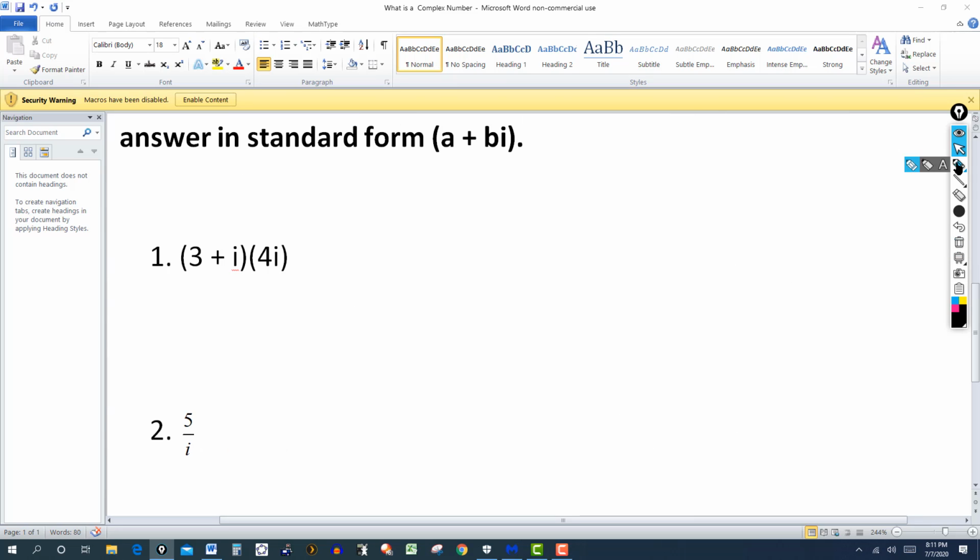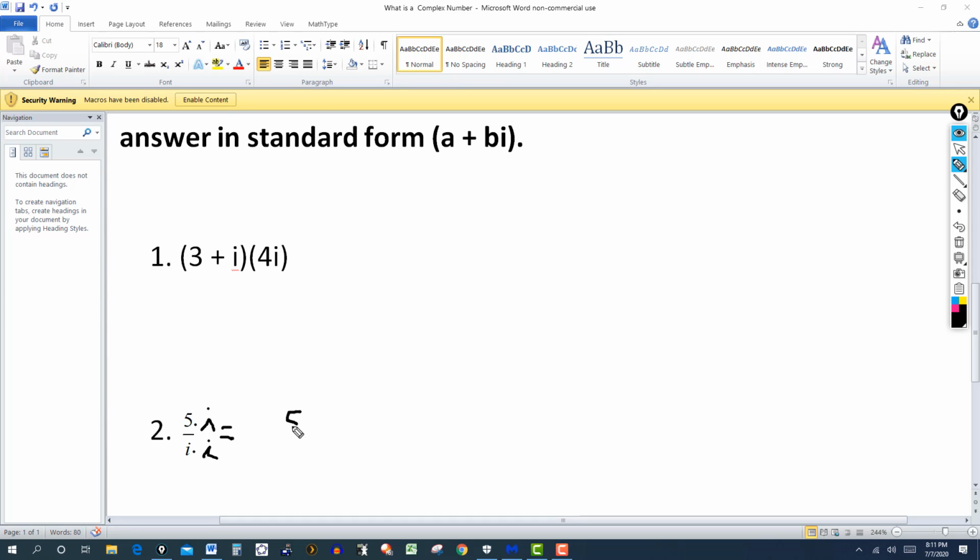Okay, for this one here, remember i is the square root of -1. So you can treat i like a radical. So generally what they tell you is when you're simplifying, you never want to leave a radical in the denominator. So we would just do this. Multiply the numerator by i. That's legal because all I'm doing is multiplying by i over i, which is 1. Doesn't change it.